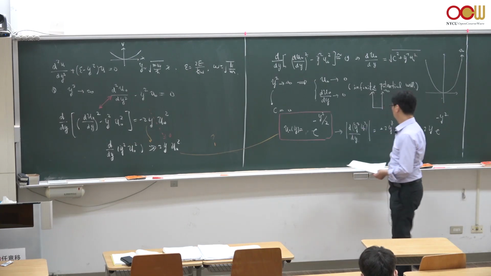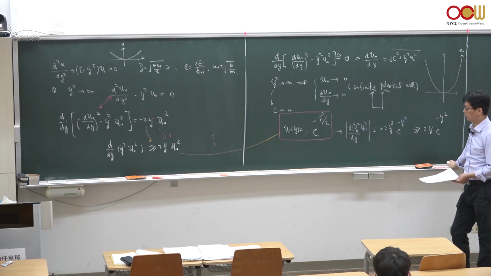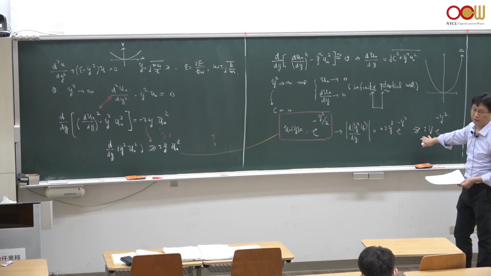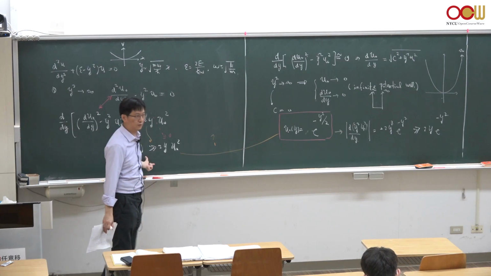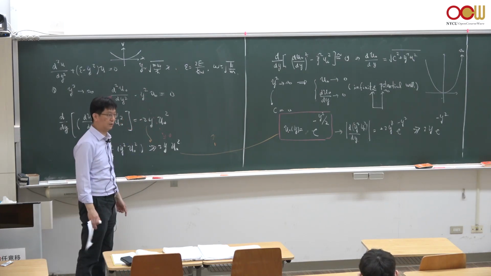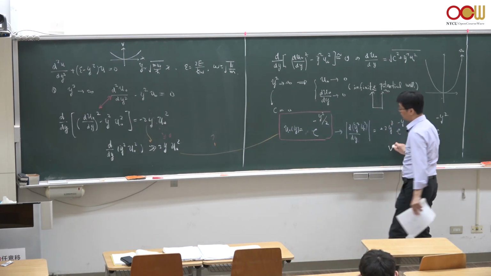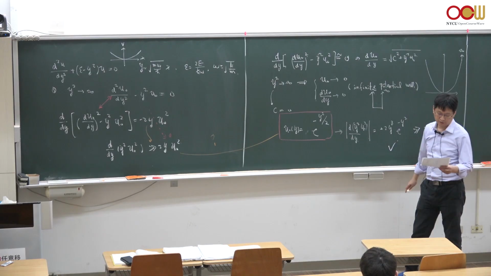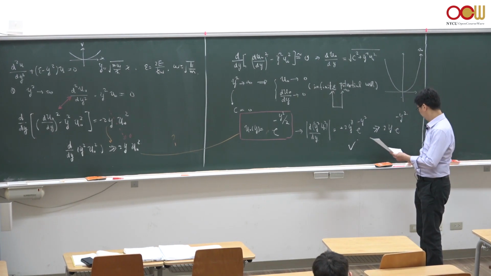Okay? So if you take this solution from this approximation assumption, you indeed find that it satisfies the assumption that we made earlier, that this quantity should be much larger than that on the right. So it's checked, which justifies that this solution is a reasonable solution when y goes to very large.